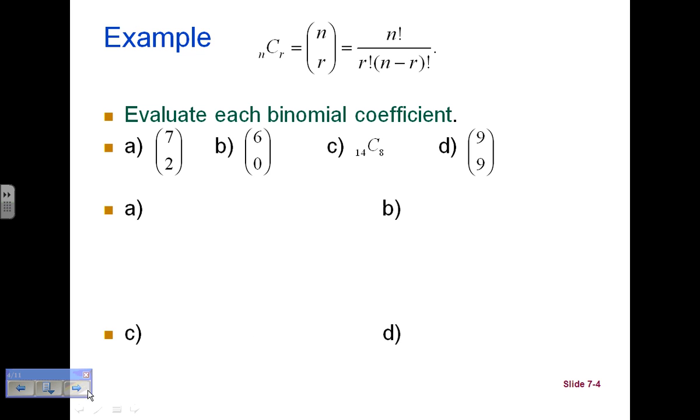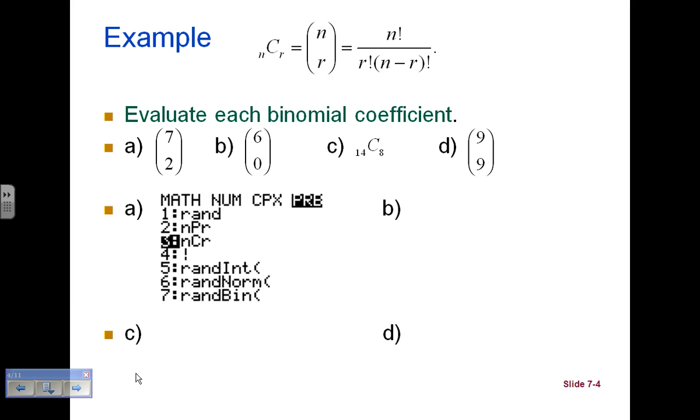Fantastic. So on your calculator, go ahead and punch these out. And yes, this will be on your test, and you have to know how to punch it out, or you have to remember the equation and punch it out. So for the first one, 7 and 2. That means 7 items, and how many different ways can you choose 2 of them at a time? So with that said, probability, number 3 on my calculator.